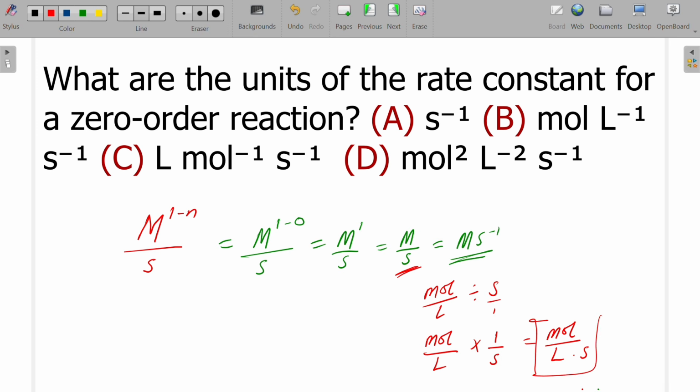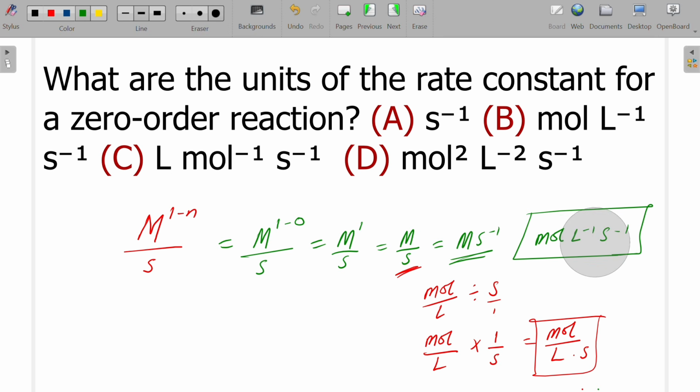So these are the units we have for a zero order reaction. This is the same as moles on top. When we take liters on top, the liter will be minus 1 and also the s will be minus 1, which is now our final answer: moles multiplied by liter to minus 1 and multiplied by s to minus 1.